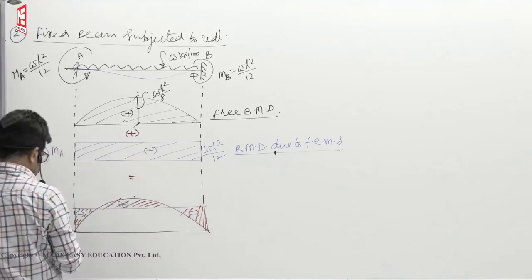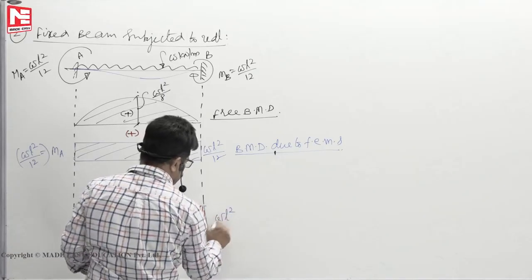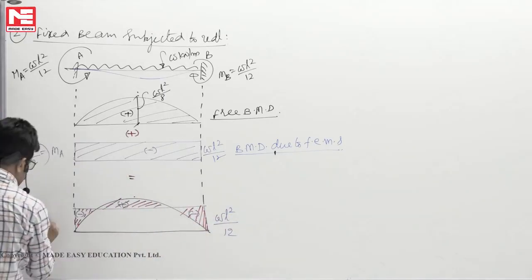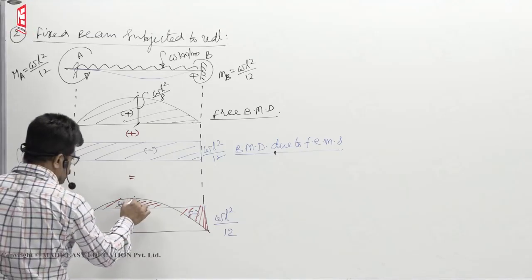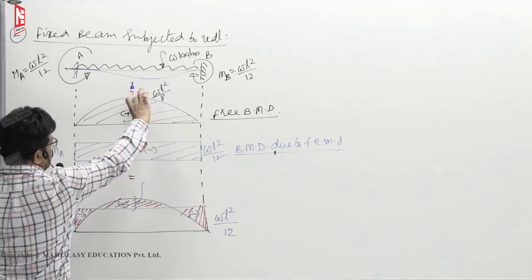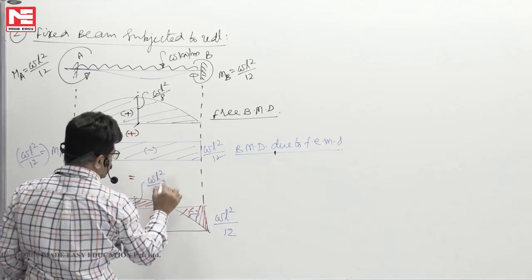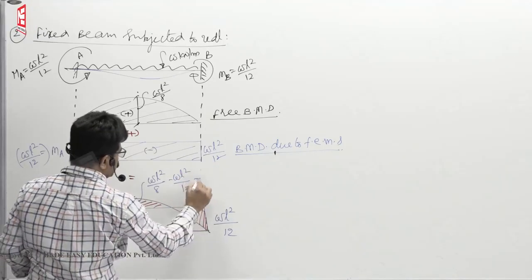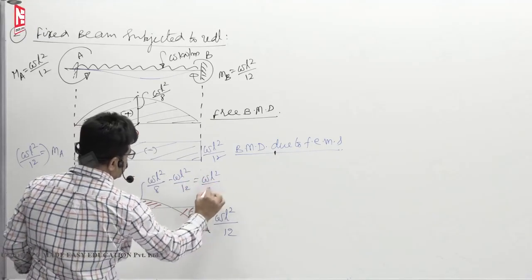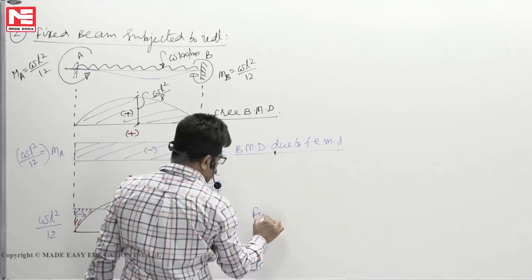Now, this value is WL square by 12. This is also WL square by 12. And this is WL square by 8 minus WL square by 12, that is the net, which gives WL square by 24. This is your final bending moment diagram.